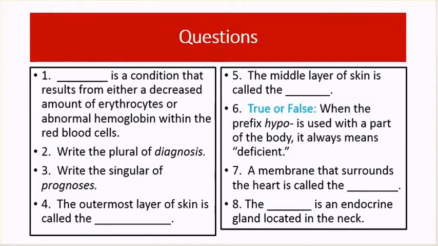When the prefix hypo is used with a part of the body, it always means deficient. Number 7. A membrane that surrounds the heart is called the blank. Number 8. The blank is an endocrine gland located in the neck.